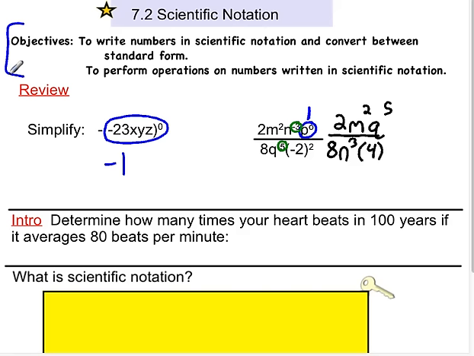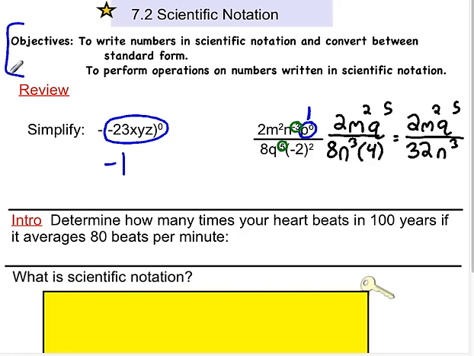All right, so I still have a little bit more cleaning up to do. I have 2m squared q to the 5. Now on the bottom I have 8 and I have 4, and 8 times 4 is going to give me 32. Right now my goal is simply cleaning this up, making it look nice. I'm going to combine those numbers on the bottom by multiplying them. Now I have 2 over 32.